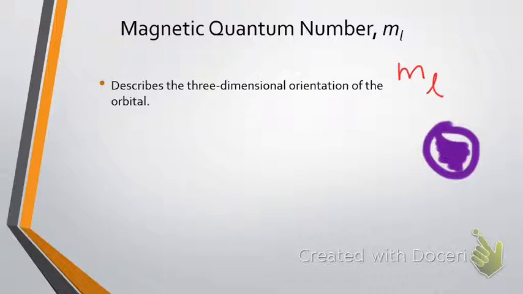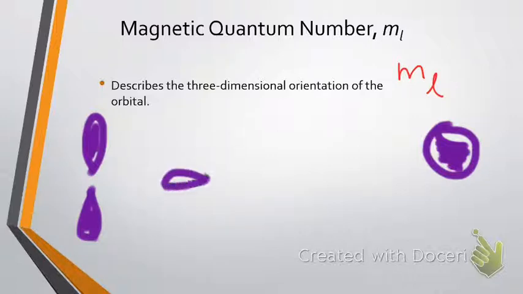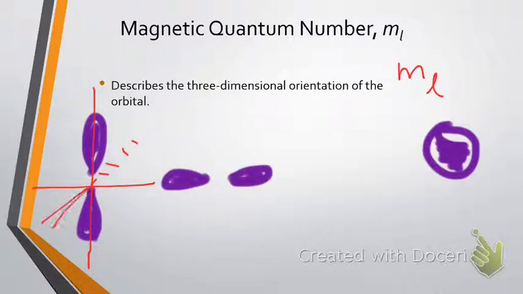However, if you have the p orbital, there are actually 3 orientations. Let me see if I can draw this very well, in 3 dimensions, because we have the x, y, and z axis.